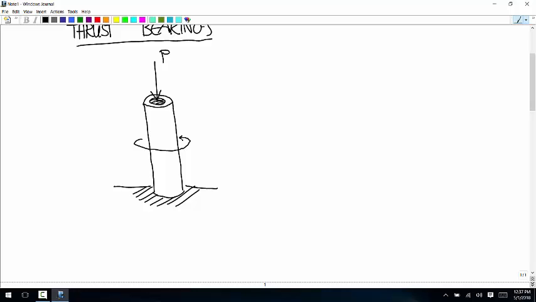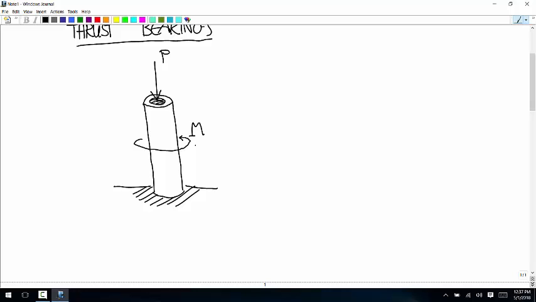So there's always going to be some kind of couple. And so the frictional contact between the ground and the bottom edge of that tube also creates a moment. And if you're in equilibrium, that moment counteracts the external moment applied above.